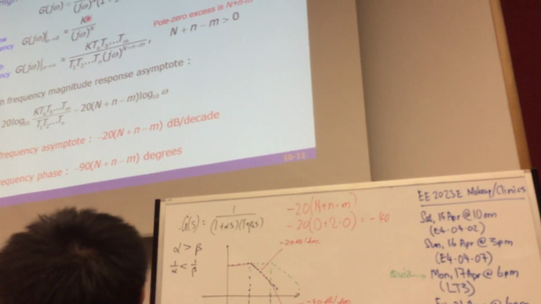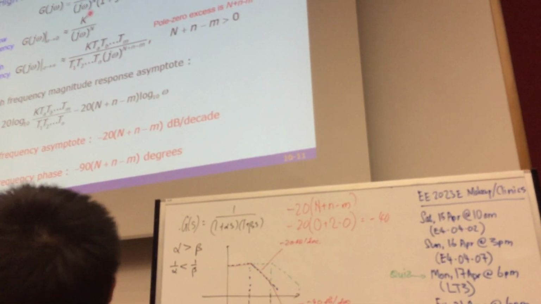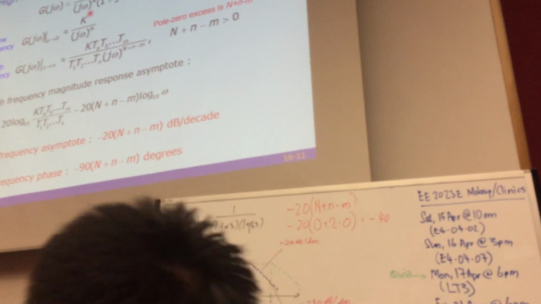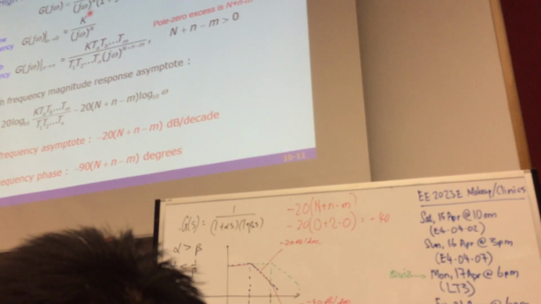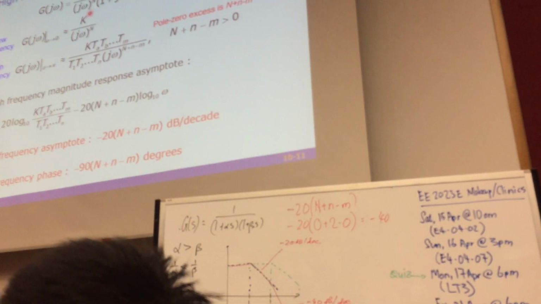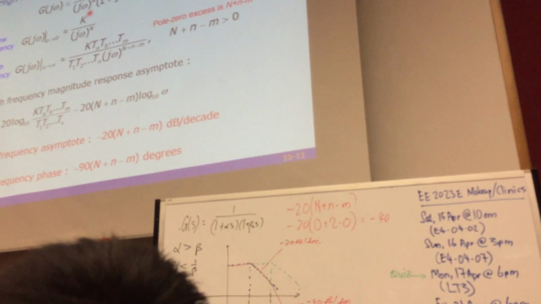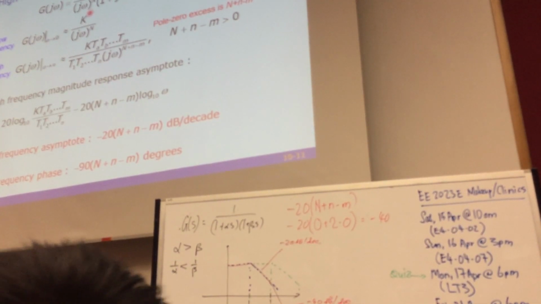Do I have this term inside here? I don't have that term. I got 1 over 1 plus alpha s, 1 over 1 plus beta s. I only got 2 poles. So j omega to the power capital N, capital N must be 0. There's no such term.